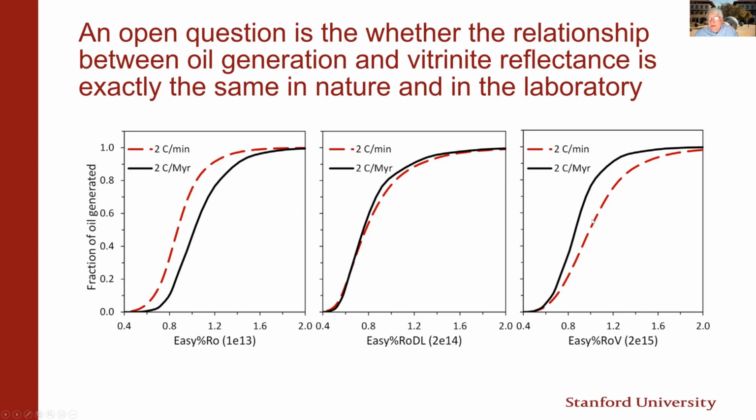And this is something that probably should be investigated further in the future. But as a practical matter, if you're interested in modeling the natural environment, these were fit so that they would give the same answer. These two will give the same answer geologically, so it makes no difference. It really is a question of addressing the laboratory data, and as we showed, the laboratory data actually works better with the V model than it does with the DL model.